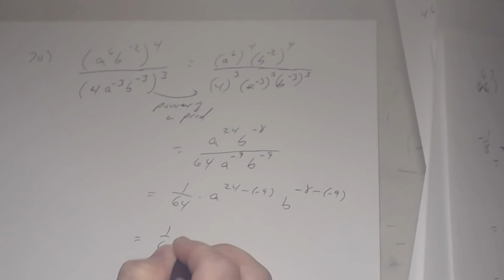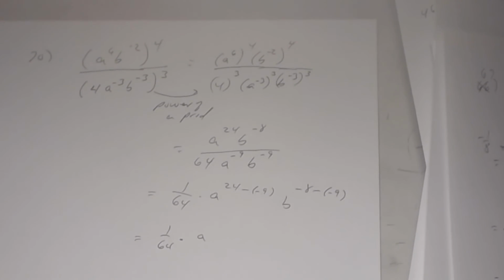1 over 64 times a. What's going to be that exponent? 24 subtract the negative 9. If you can't do it in your head, use your calculator. What is it? Use your calculator then. 33. 24 subtract the negative 9 is 24 plus 9. That's 33. Use your calculator, guys.